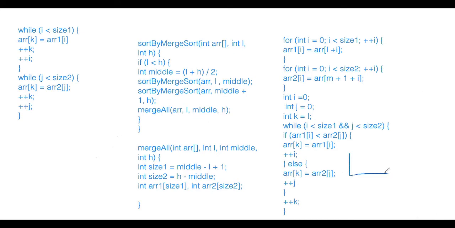Okay, 0, 2, 10, right? And 5, 8, 11. I'm just talking about merging, this last step, because that will help you a lot.